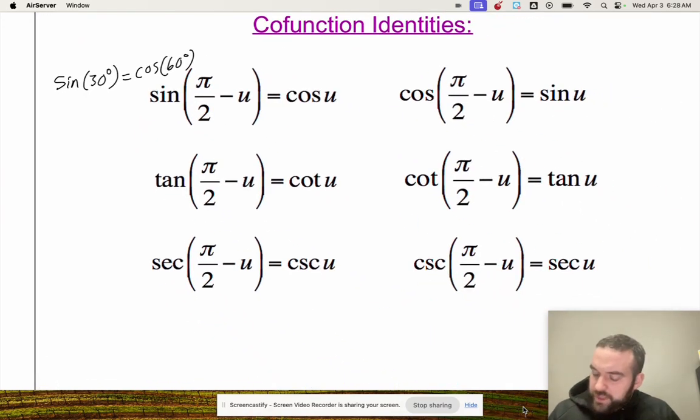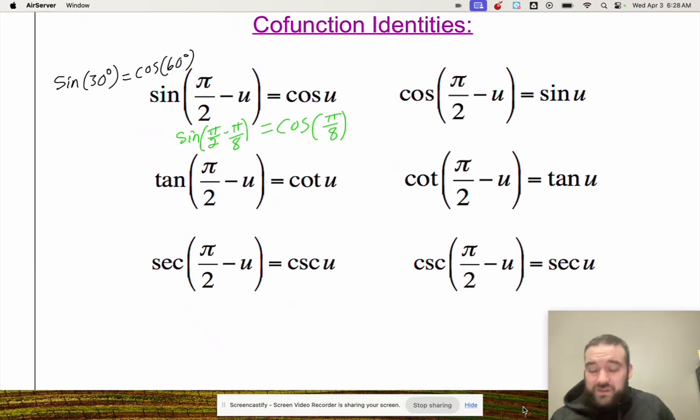And so if I wanted to say, what's the cosine of pi over 8? That is the same as the sine of pi over 2 minus pi over 8, which on the surface isn't super helpful for us. But as we'll see when we start trying to simplify expressions, these cofunction identities will allow us to change a cosine into a sine or vice versa.